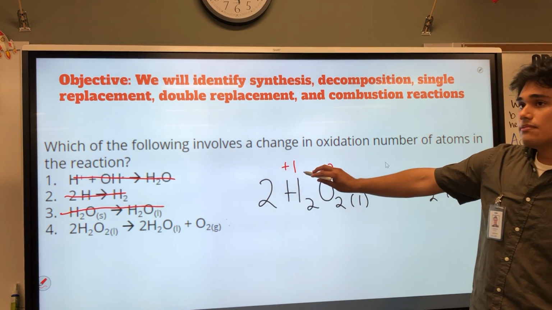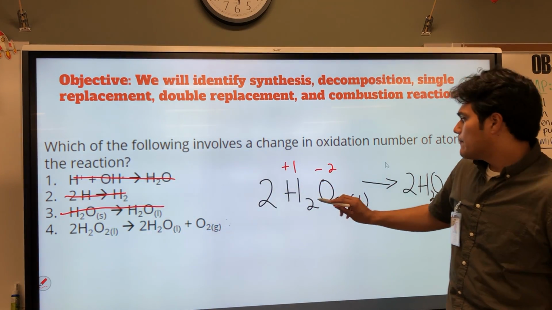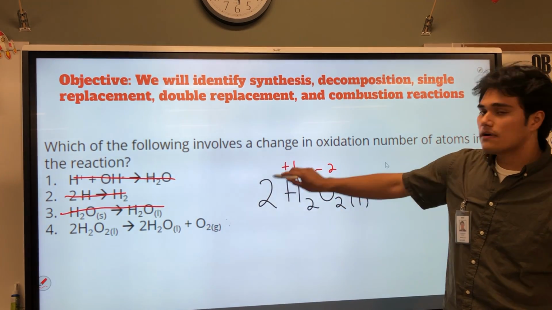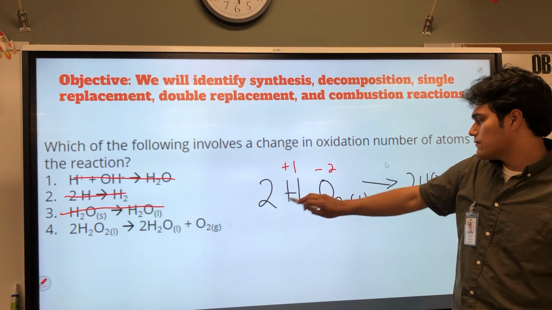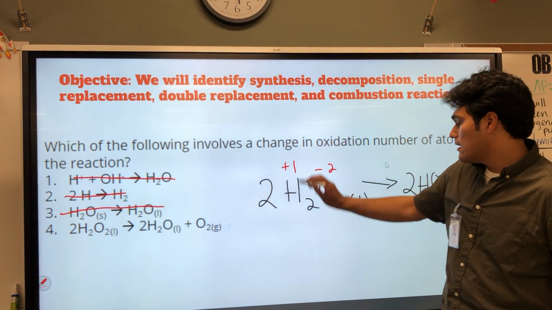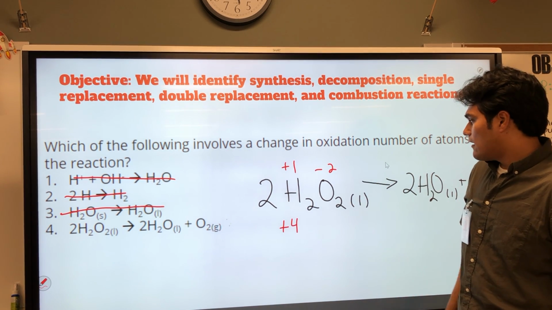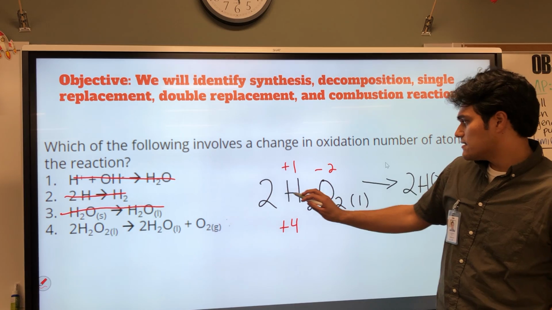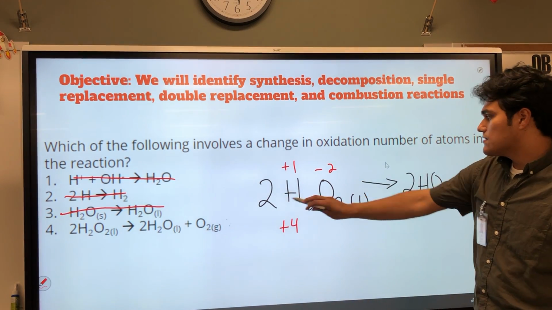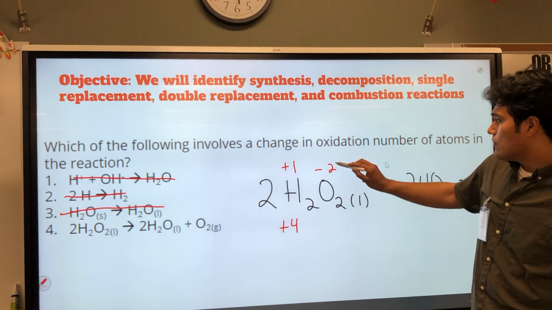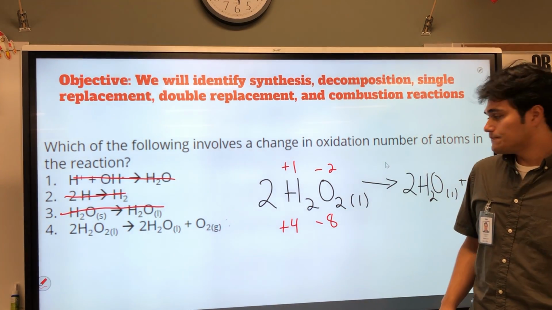If hydrogen has a +1, and hydrogen almost always has a +1, then here we have a total of 4 hydrogen atoms. You have 2 in 1 molecule, but we have 2 molecules overall. So 2 times 2 is 4. That would be a charge of +4. Then we have oxygen. We have 2 oxygens, but then we have 2 molecules with 2 oxygens each. So 2 times 2 is 4. We multiply it times our -2 oxidation number. That gives us a total of -8.